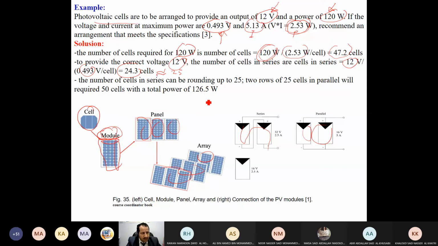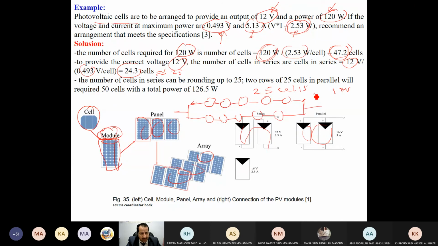So this means I need to put cells in this way, connected in series. Let me make it as a circle rather than a square. In series, 25 cells. It will give me from this point to this point 12 volts. You got it? But just a minute, I need 50. We say 50 cells, and this is 25. So this means that I need to put here another branch together in parallel.